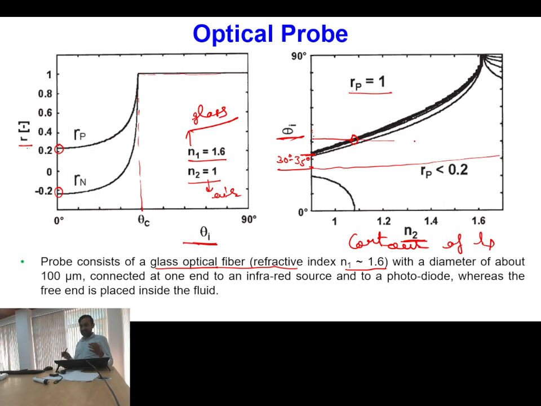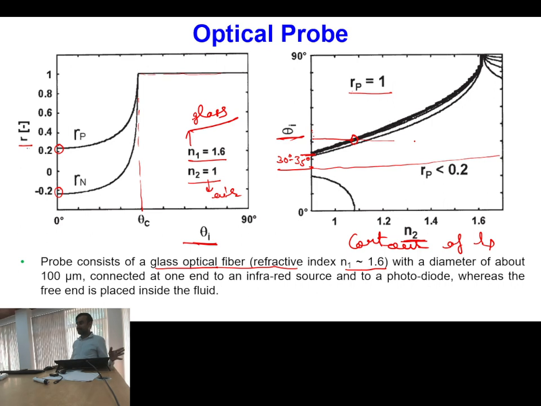So for an optical probe, if you keep your angle of incidence greater than 35 degrees to the interface, then when the refractive index changes from one fluid to another fluid, there will be a drastic change in the ratio of the amplitude of the reflected wave to the amplitude of the incident wave.